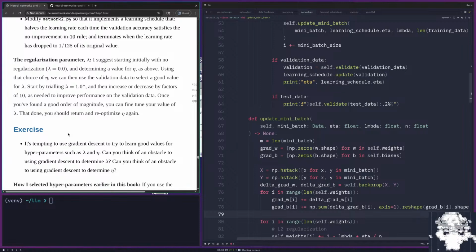Well, it wasn't tempting me to use gradient descent, but the obstacle is lambda and eta need to be part of your cost function in order to do gradient descent.